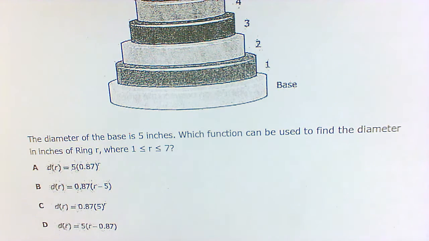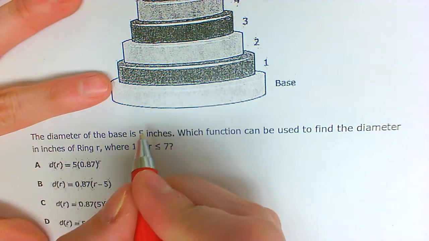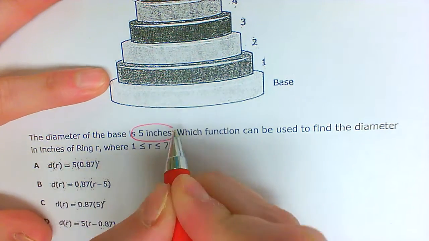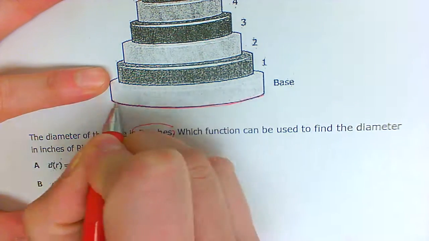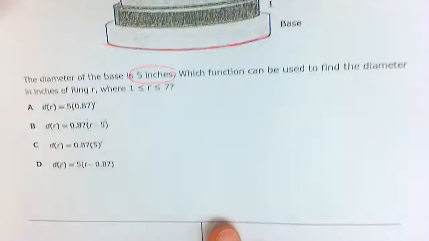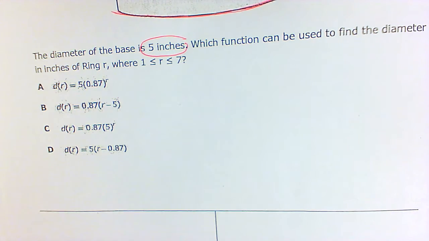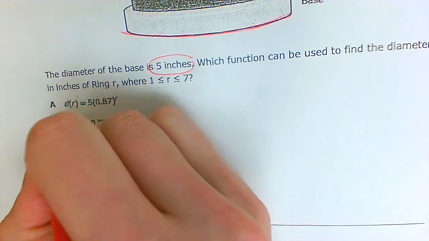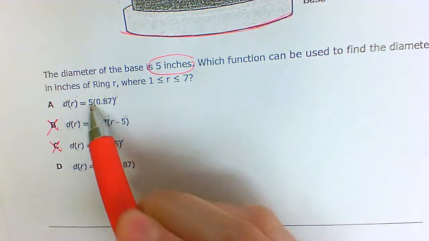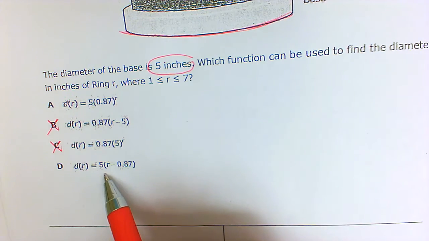Well, I got cross-eyed just now reading that, but it's actually not saying anything that difficult. They said that we've got a diameter of 5 inches for the base. So this is actually our starting amount. If you look at your answer choices, these are talking about exponential equations. For exponentials, your starting amount needs to go on the outside of the parentheses.